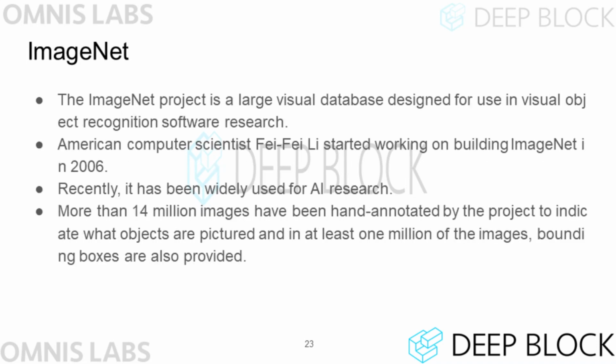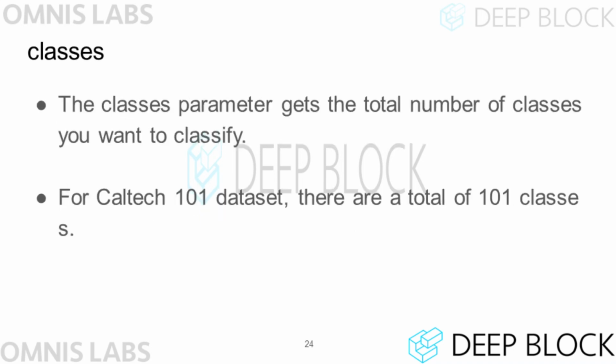For reference, ImageNet is a large-scale image database, which is used for object recognition technology research. The classes parameter determines the number of classes to be classified by the model. There are a total of 101 types of images in the Caltech 101 dataset to be classified, so the argument must be 101.